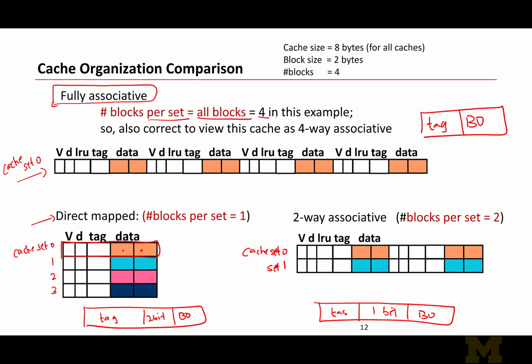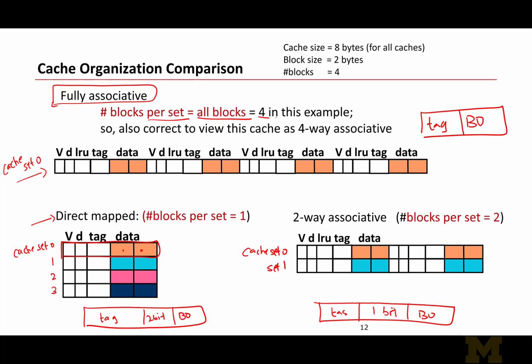And if I had a cache of size 8, and if it was a fully associative cache, then there would be 8 cache blocks that are part of the same set. Then if I have to phrase it as a set associative cache, I have to call it an 8-way set associative cache. That's just another way to think about a fully associative cache.